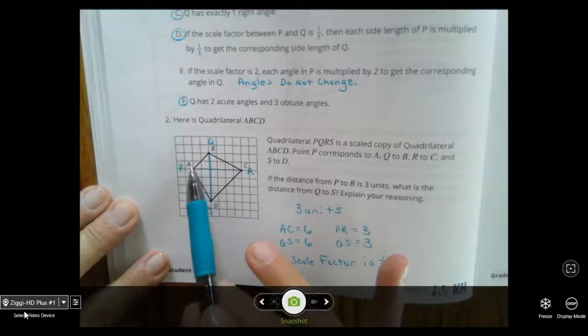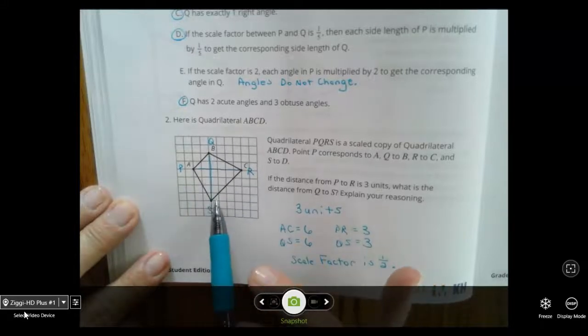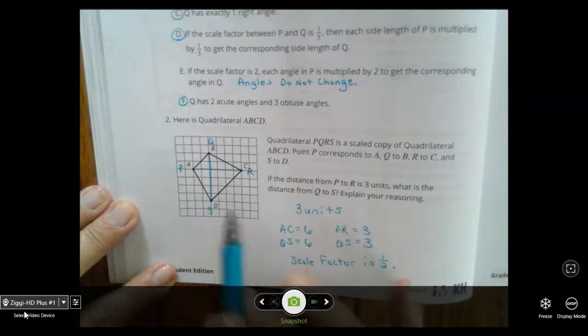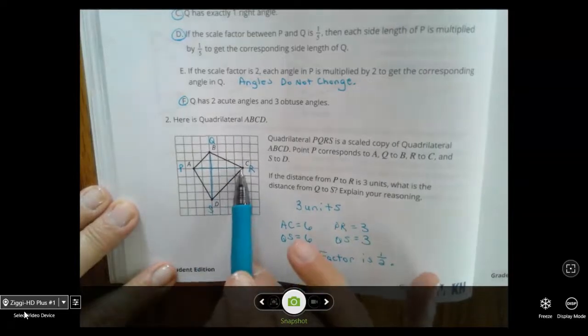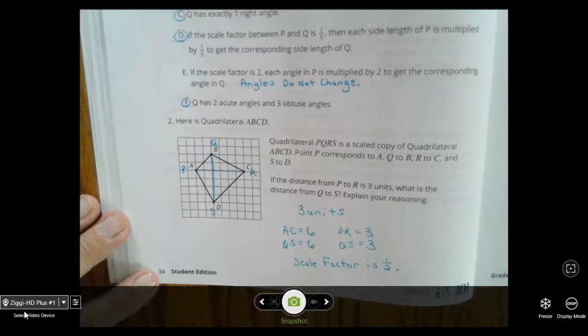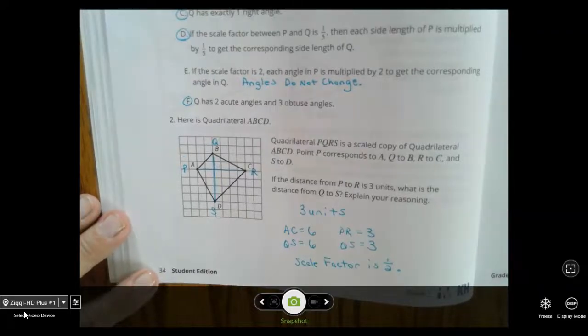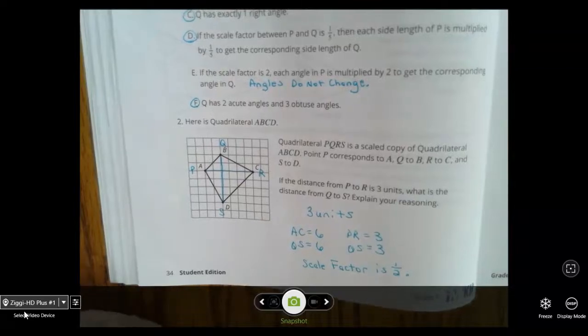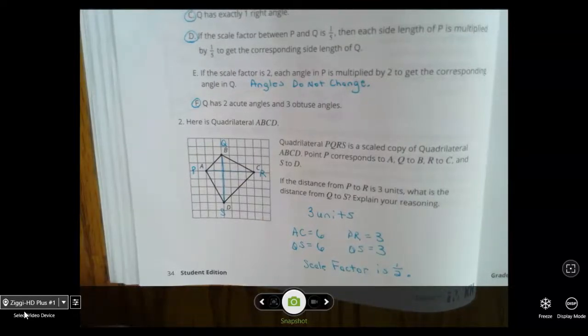I mean, A to C is 6, and B to D is 6. If it was 3 from P to R, then it must be 3 from Q to S, and the scale factor would be a half. Okay, because it's getting smaller, so we know it's going to be a fraction less than 1, and it's 1/2.